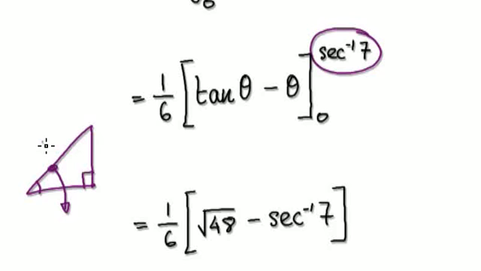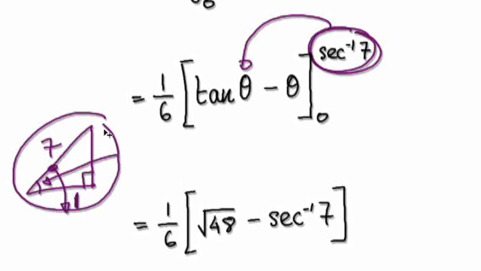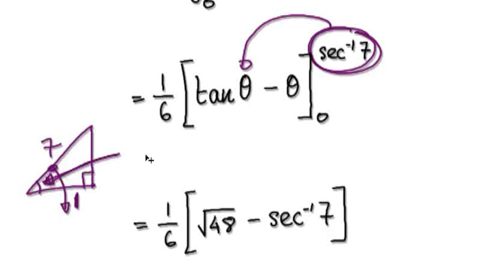So if you make this to be 7, and make the adjacent to be 1, then when you tan, don't forget when you put this into here, don't forget this angle here, because we've set up our triangle in such a way that this angle here is this block here.